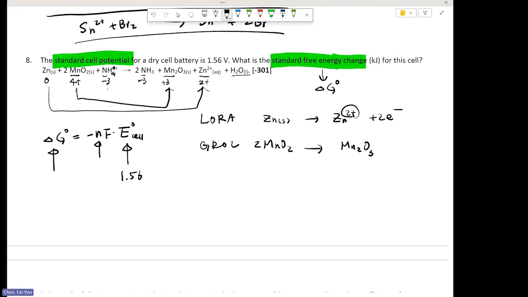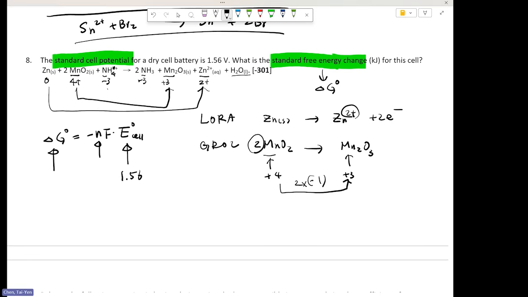At the bottom, we know originally you have +4. This become +3, right? You have 2 of them. Going from +4 to +3, there's 1 electron reduction, but because of 2, this is also 2 electron transfer.